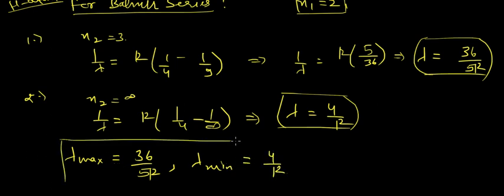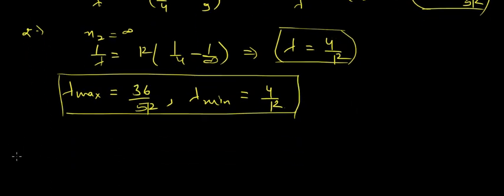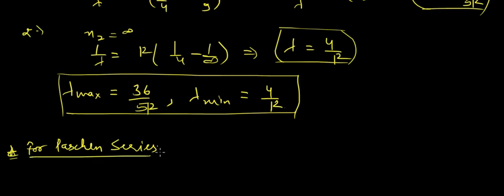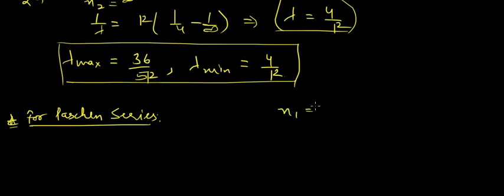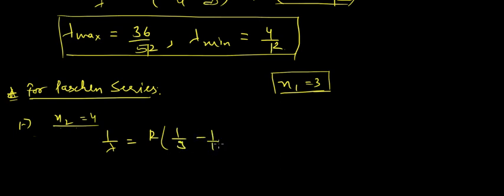Now let's see the same calculation for the Paschen series, again for the hydrogen atom. Here n1 would be 3. First let us see n2 equals 4: 1 upon lambda equals R Z square times 1 upon 9 minus 1 upon 16, which implies lambda equals 144 upon 7R.